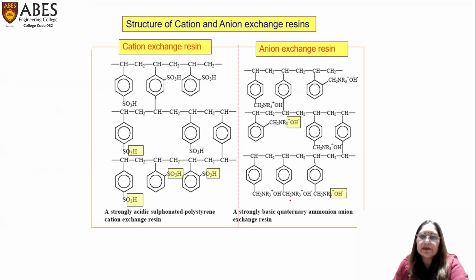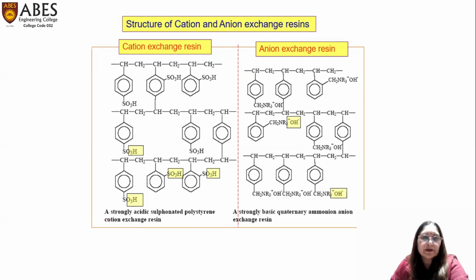Anion exchange resin contains the basic functional group. And this H+ ion is replaced by a cation of hard water, and this OH ion is replaced by an anion of hard water.